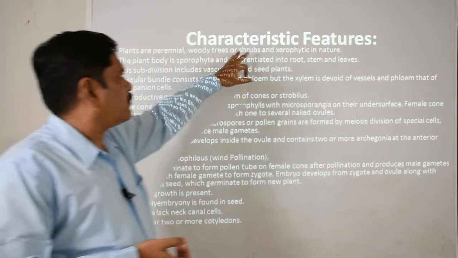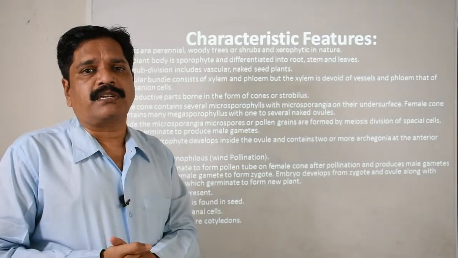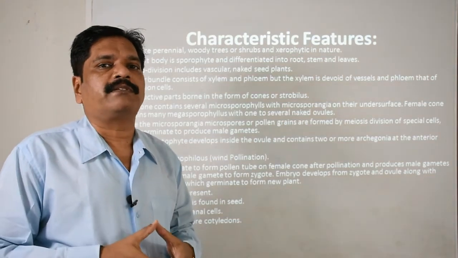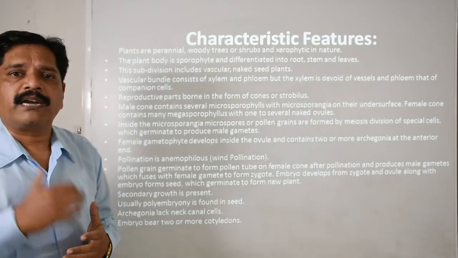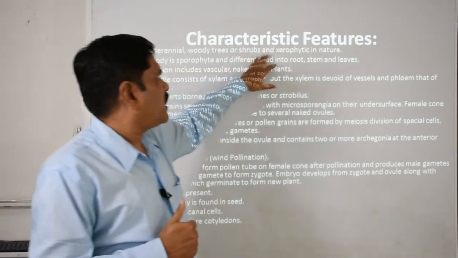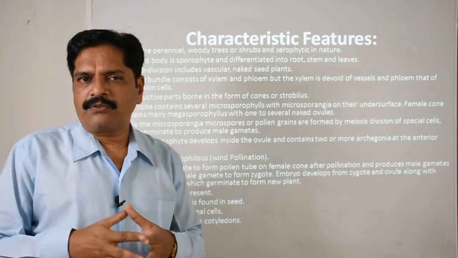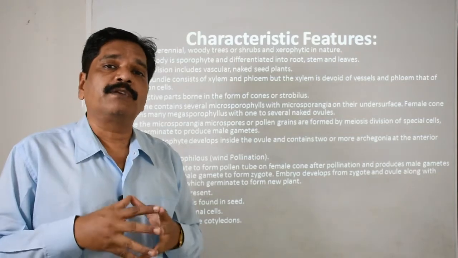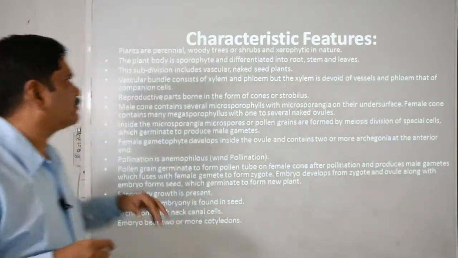And they are woody trees or shrubs, okay. That means branching of the main stem is observed. They also have wood, that means the mechanical tissue is there. This is the most important adaptation for their survival, and they are xerophytic in nature, okay. That means now life has completely shifted from water to land, and even in the mesophytic condition to the dry areas they can survive, right.